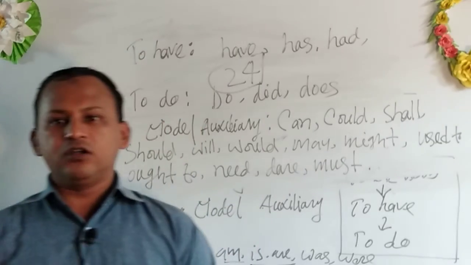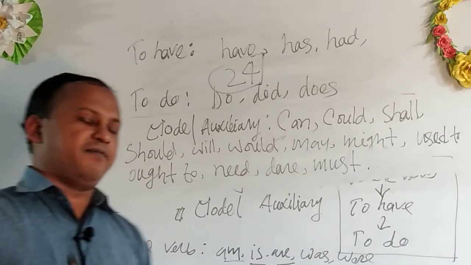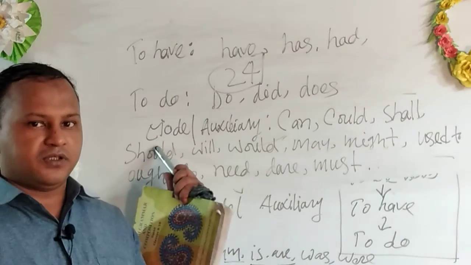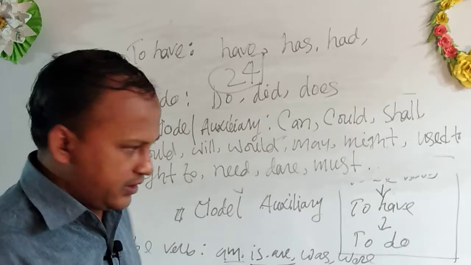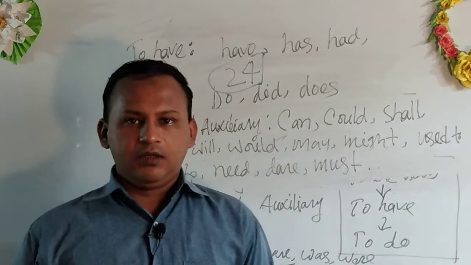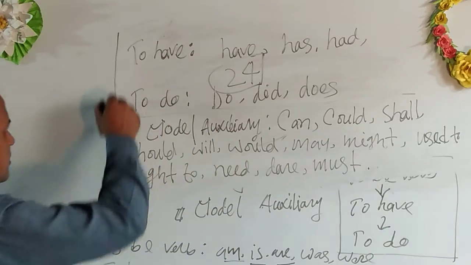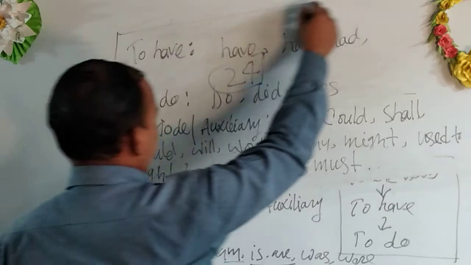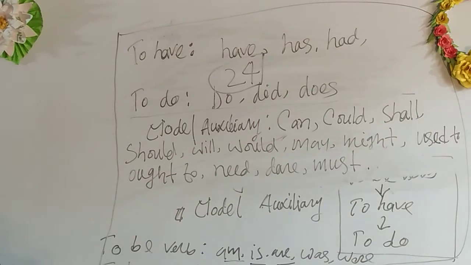This is called the auxiliary verbs, and the other part of the finite verbs is the principal verbs. Today, dear student, I hope you understood all the classes of the primary auxiliaries, the various kinds of verbs, primary auxiliaries and modal auxiliaries.